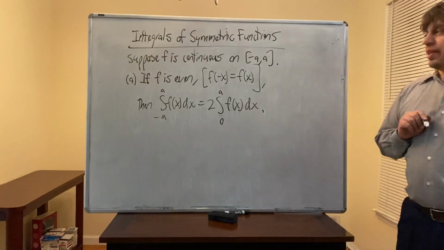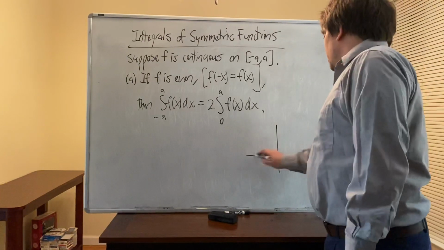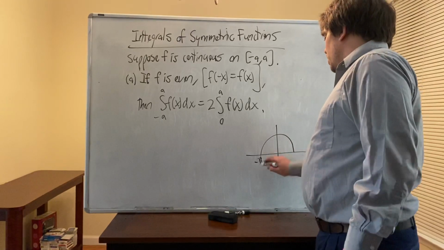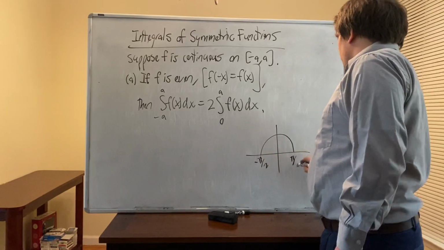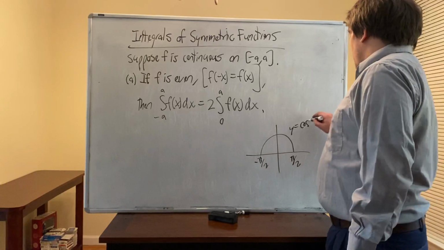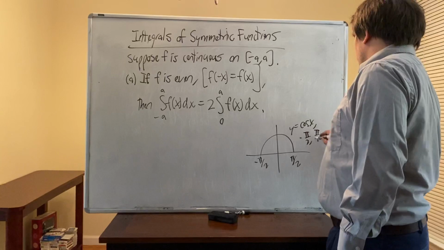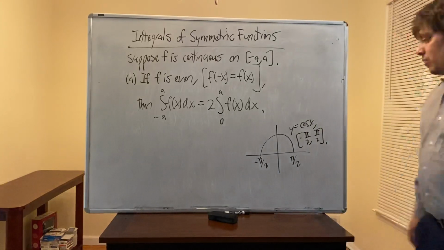Okay, what's happening here is that, in this case, cosine x is a symmetric function. So let's say we look at cosine x from negative pi over 2 to pi over 2.